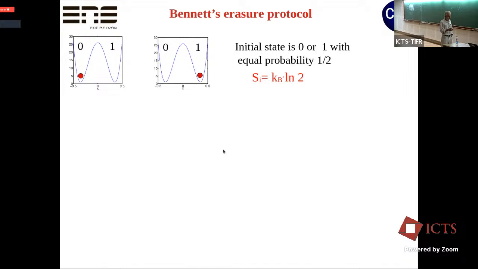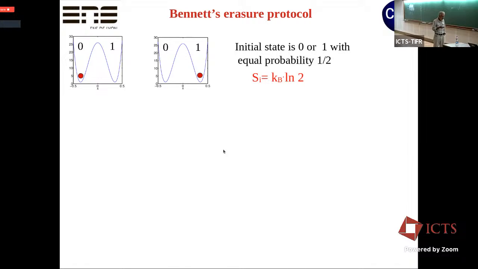From a statistical point of view, as you have probability 1/2 for each, the entropy of the system is kB log 2. If you repeat the experiment many times, of course, you have only one particle, so you have to repeat the experiment many times, but this is the case, and you start from this state.